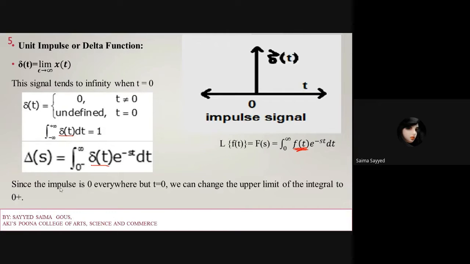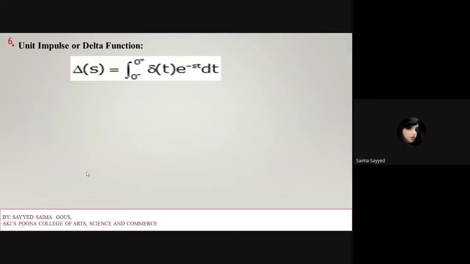Here we know that the impulse function is 0 everywhere, but when t is equal to 0 it gives a value. So we can change the limit from infinity to 0, so it will be from 0 minus to 0 plus.